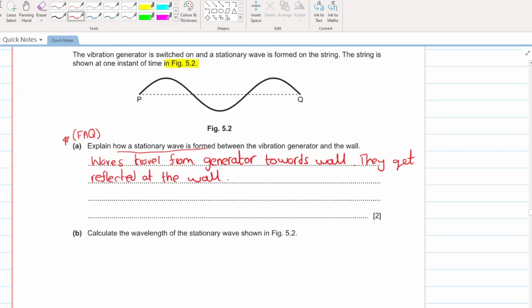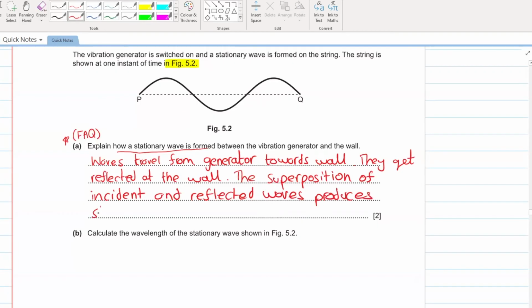The superposition of incident and reflected waves produces stationary waves.